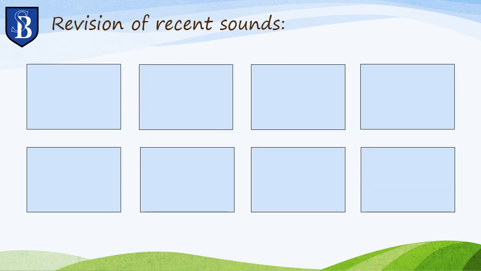Let's begin by revising some of the sounds that we've learnt recently. These aren't all the sounds we know, but just some of the recent digraphs. It's going to be me first, then you, thinking really carefully about the way we produce each sound using our lips, our teeth and our tongue. Or. Ch.